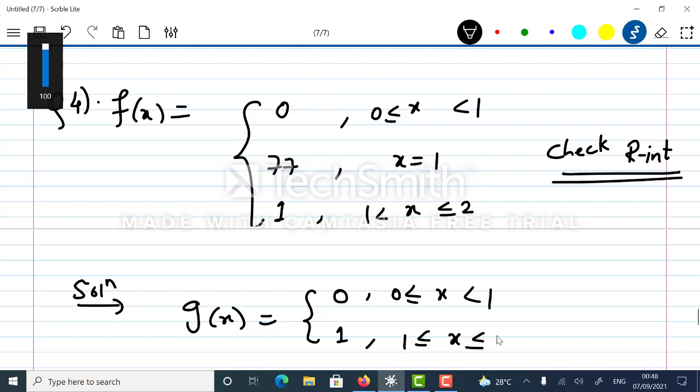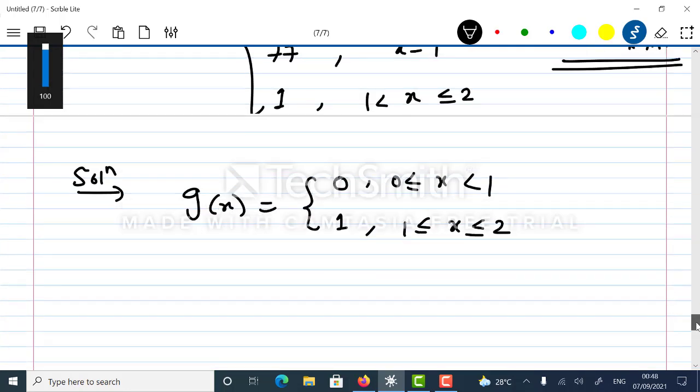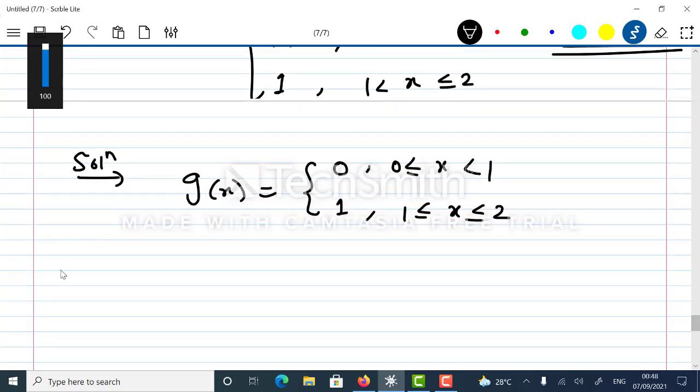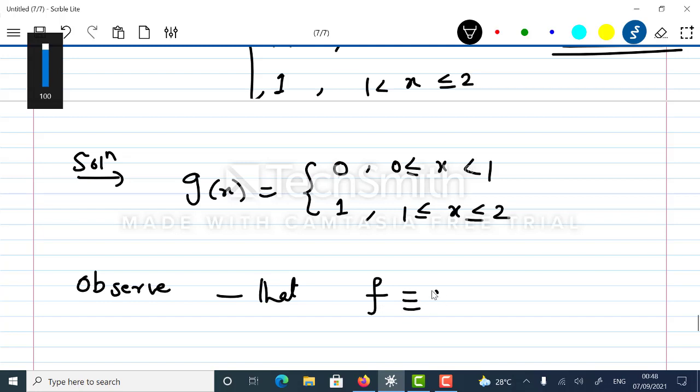Now what you will observe is that f and g are identically the same except at one point. Which point? At x equal to 1, f is 77, and g is 1. So everywhere they are equal except at 1. So here observe that f is identically g except at 1.